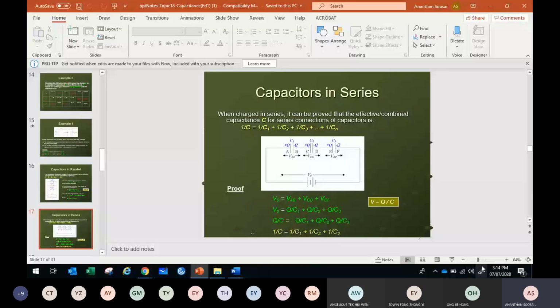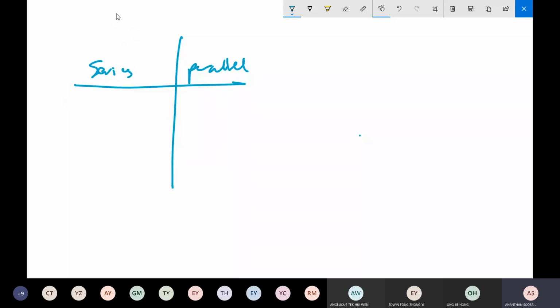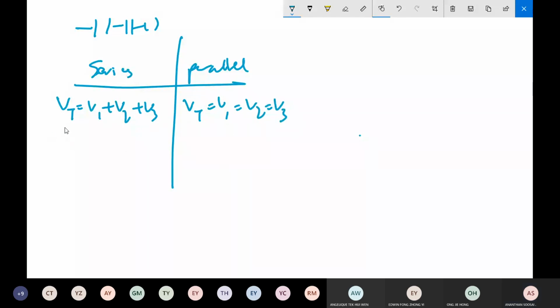So the conclusion is, for capacitors connected in series, V total is V1 plus V2 plus V3, and for parallel, V total is the same, like last time for resistors. Current is now charge.